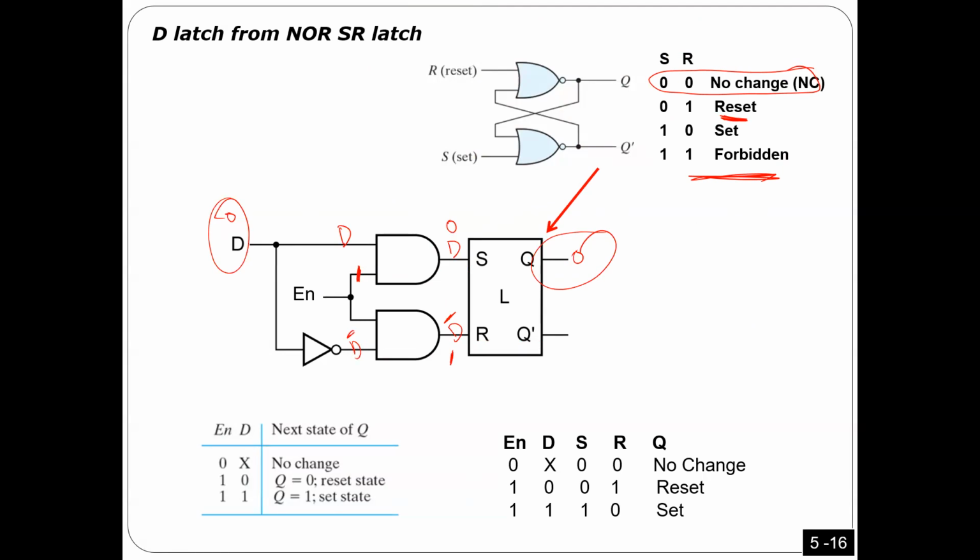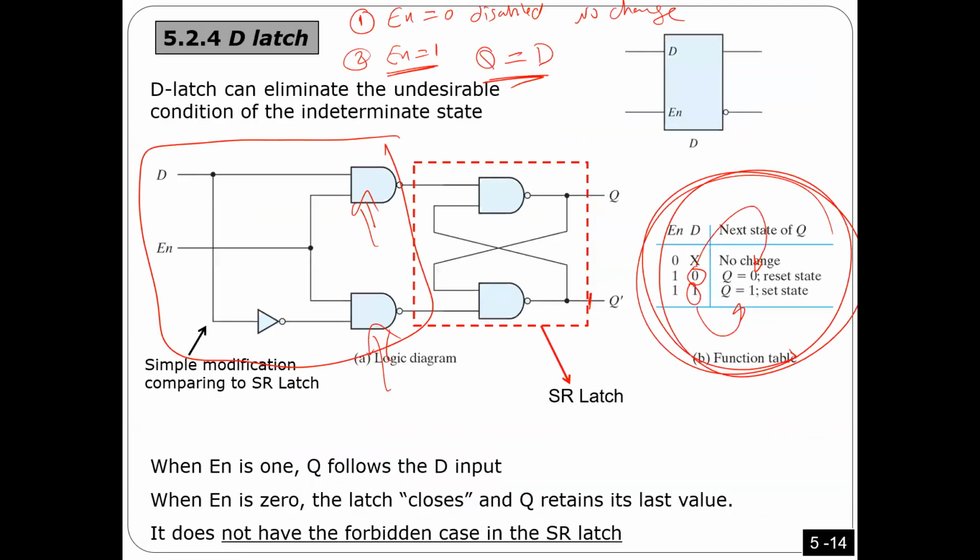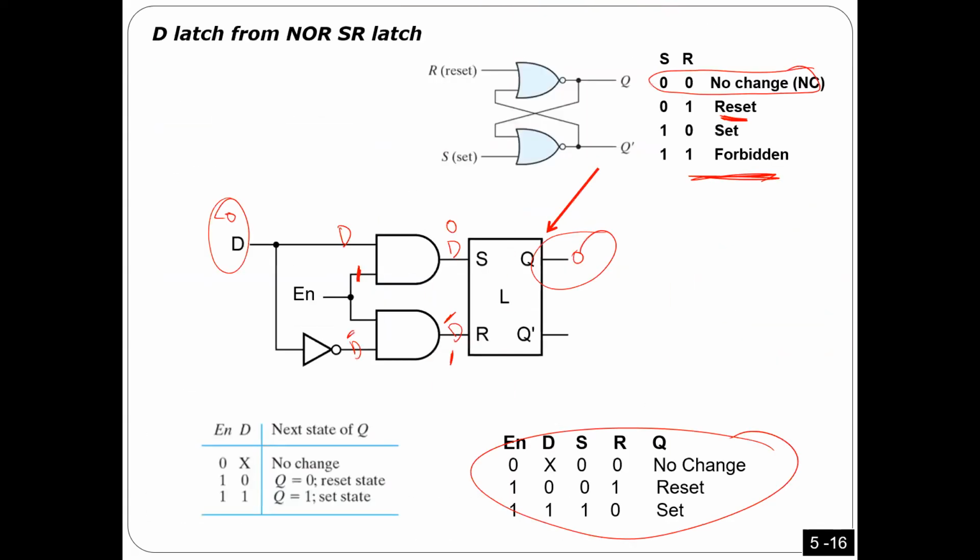Again, if you look at the function table here, it will be similar to this function table. I just want to show you I can create the D latch using the NAND SR latch or the NOR SR latch, but the table will be the same.